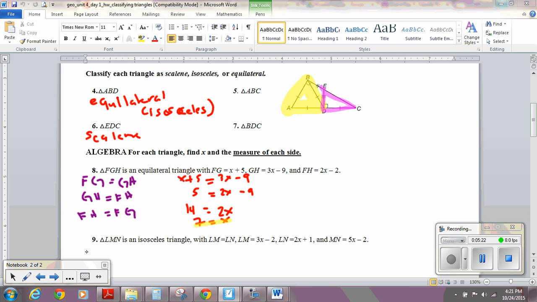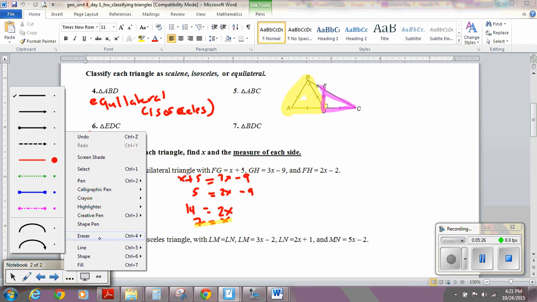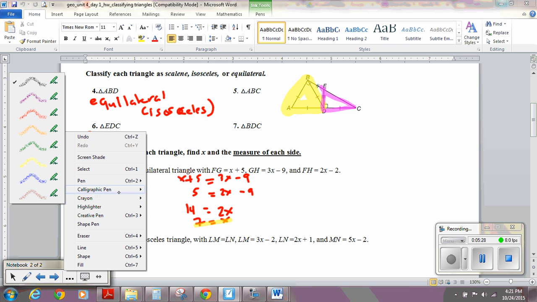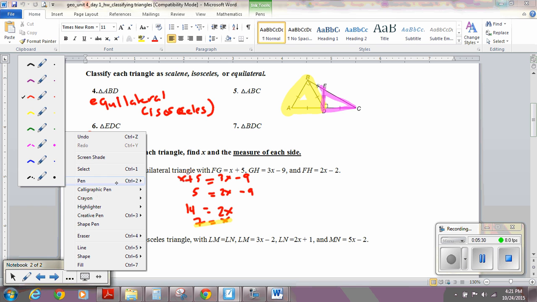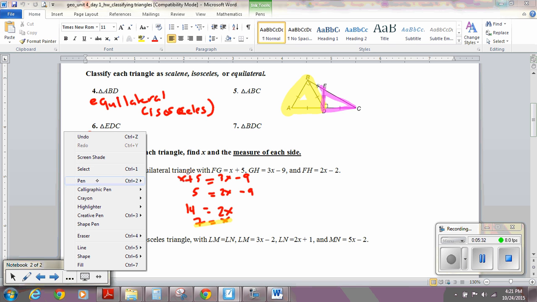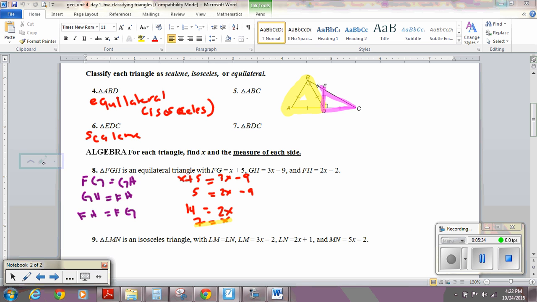Now we have to find the lengths of each one of the three sides. Thankfully, this is equilateral, so that means we just need to substitute x into one of the sides, and then you would know the rest of them. So I'm going to go with the one that seems the most simple, and that's FG. We know that FG is equal to x plus 5, which means it's equal to 7 plus 5, which would be 12.